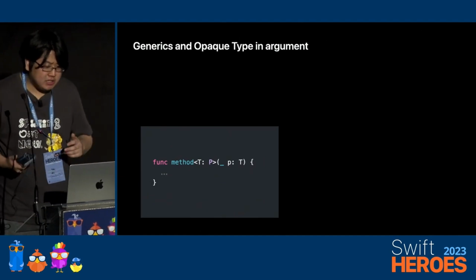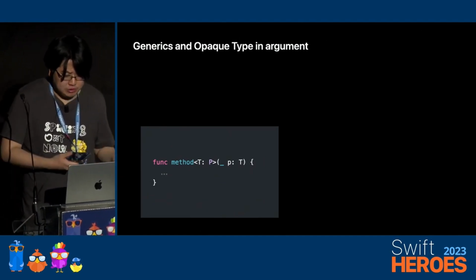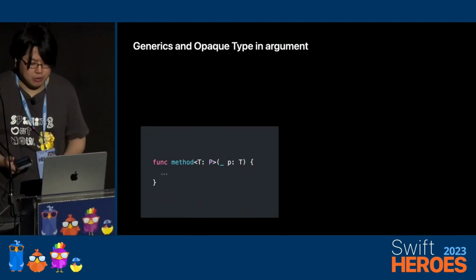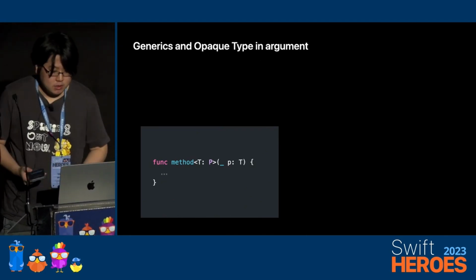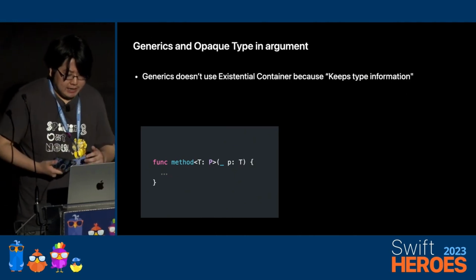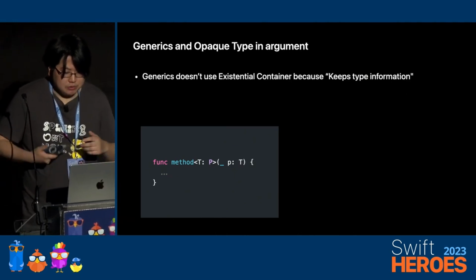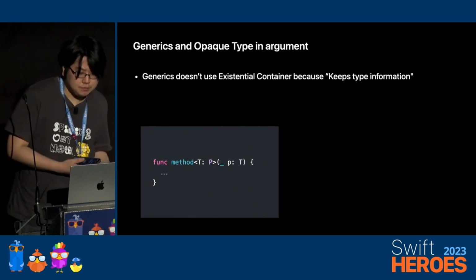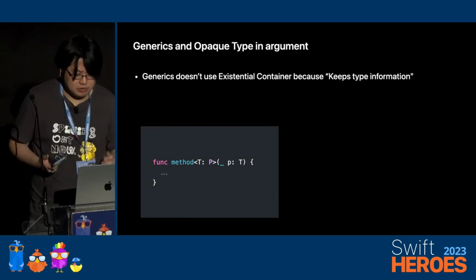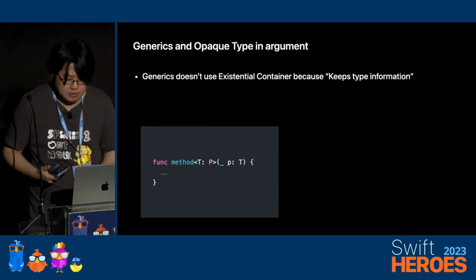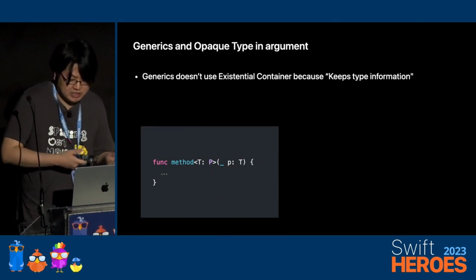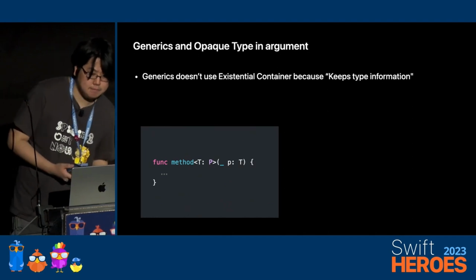To understand why the existential container is not used with opaque type, we need to know how generics work. Existential types use various information in the container to abstract by protocol. However, generics don't use a container, and the type variable keeps concrete type information and uses it for abstracting inside of the function.